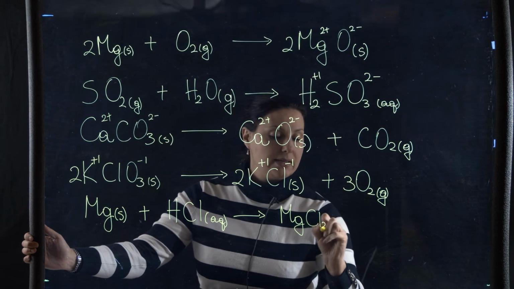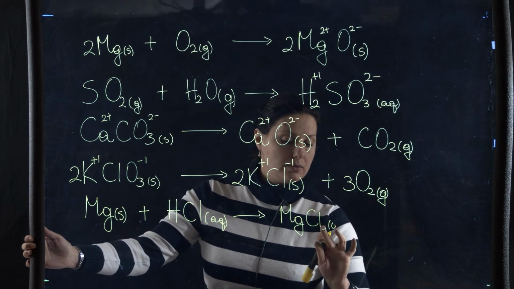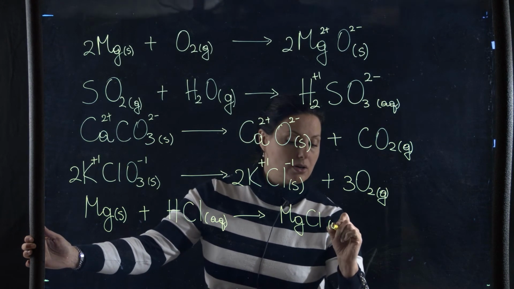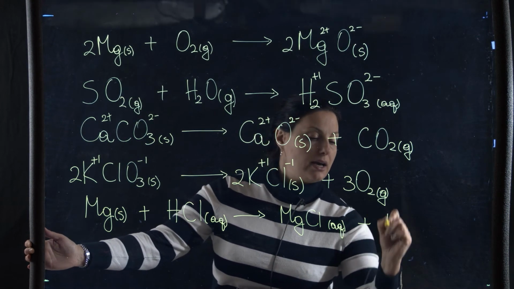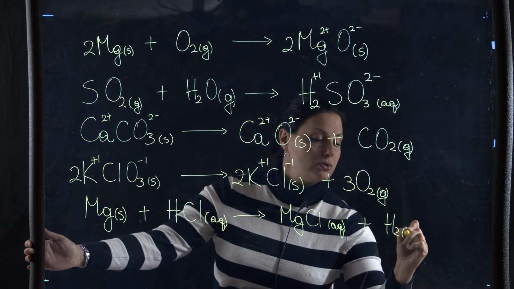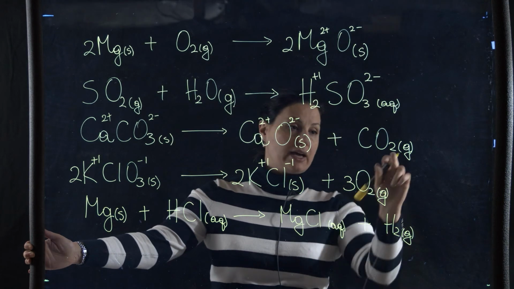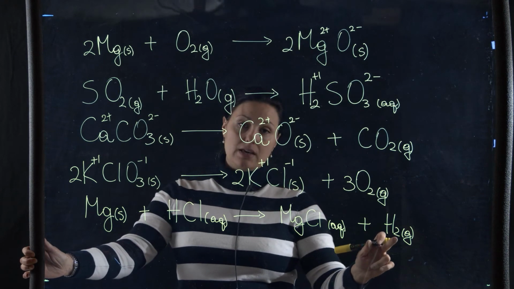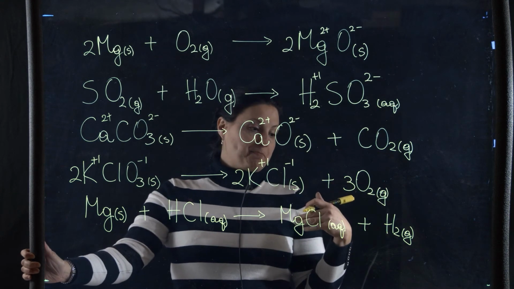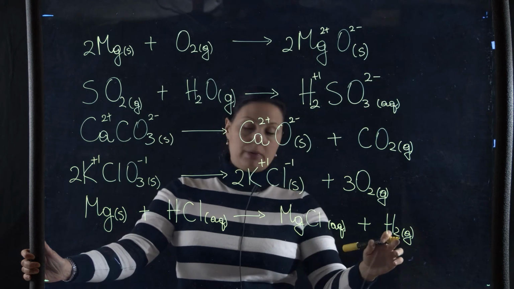Magnesium chloride aqueous. Let's just write it this way first. Plus hydrogen gas, H2. Hydrogen is another one of those diatomic molecules, just like oxygen. It will actually be in its natural form. It will be as H2.